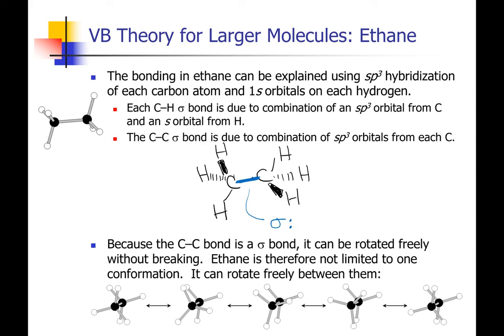So we would say that this is a sigma bond between one carbon using an sp3 hybrid orbital and another carbon also using an sp3 hybrid orbital. And that's how we would describe the bond if we're just asked to describe it rather than actually drawing the full shape. If I were to draw it out, it would look kind of like this, with a little tail on the back of each end.